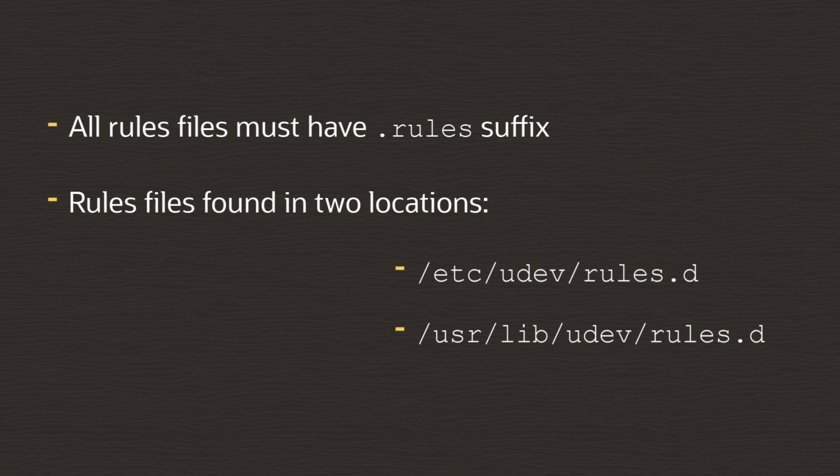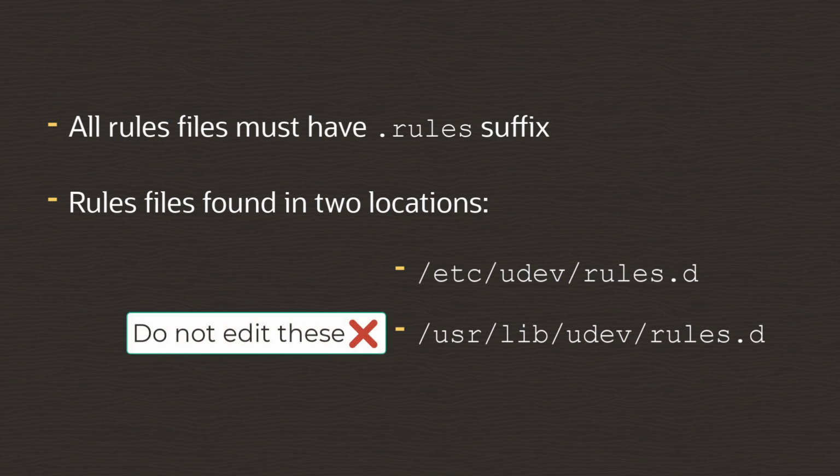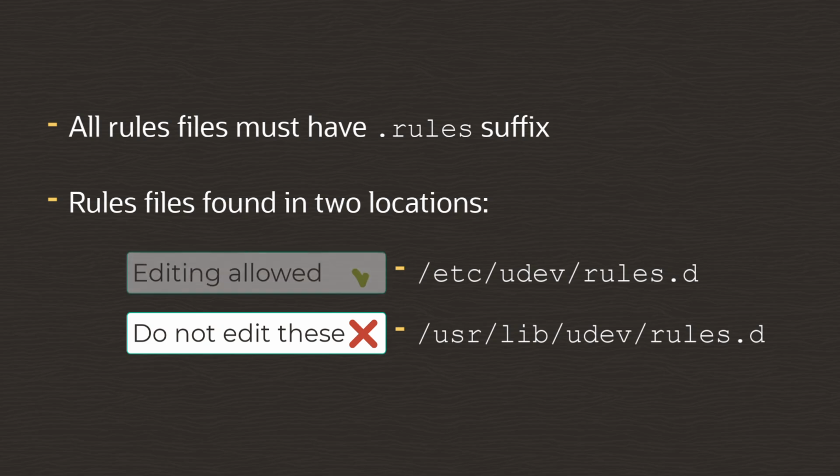The rules located in the /usr/lib/udev/rules.d directory are those that are shipped along with Oracle Linux. They must not be altered in any way. The rules located in the /etc/udev/rules.d directory, however, can be added or edited by the system's administrator.